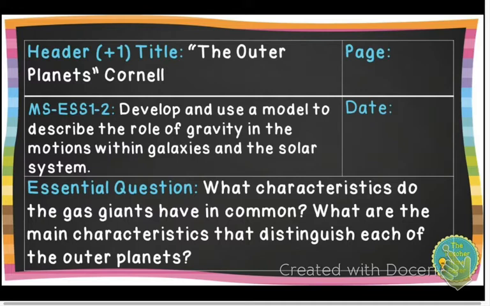So, if I was to describe a person, I might talk about their hair color or their eye color or their skin color or how tall or short they were, things like that. So as you are thinking about characteristics of these 4 planets that are called the outer planets, they're also called the gas giants. So what do they have in common, and then what's different about them so that we can tell one from the other.